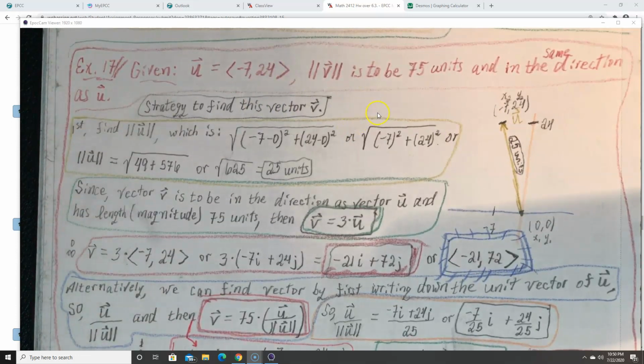But they did not. How long is the new vector supposed to be? Not 25 units, but 75. So it's the same direction as this one, but don't stop here at 25 units. Go another 25 and then another 25. So it's going to be 3 times as long as this one.